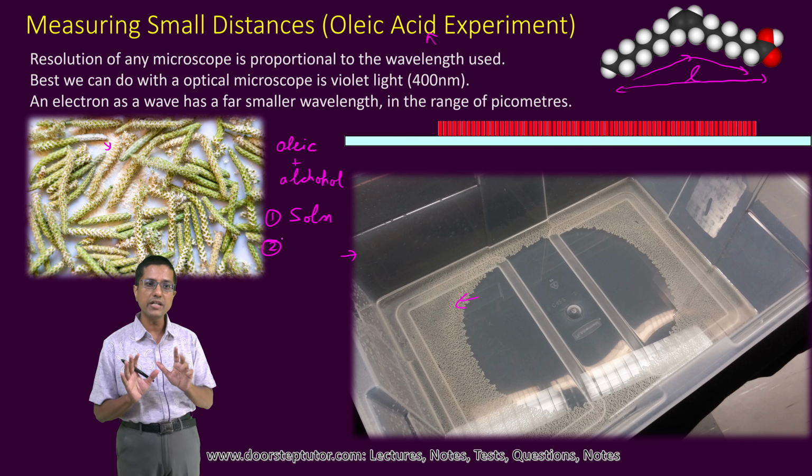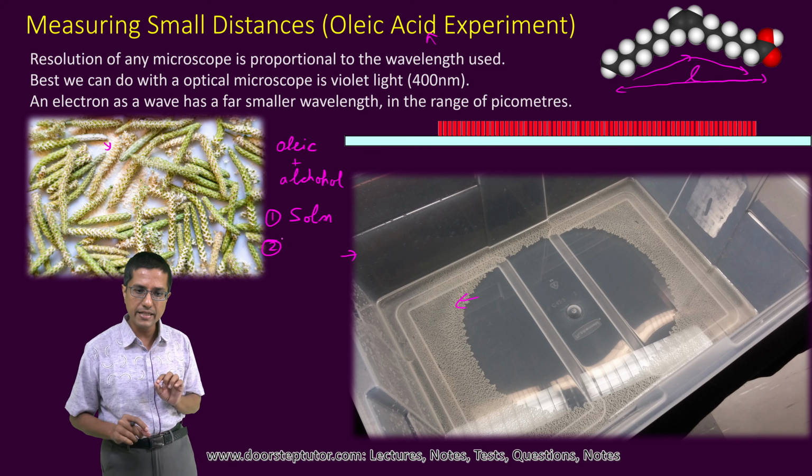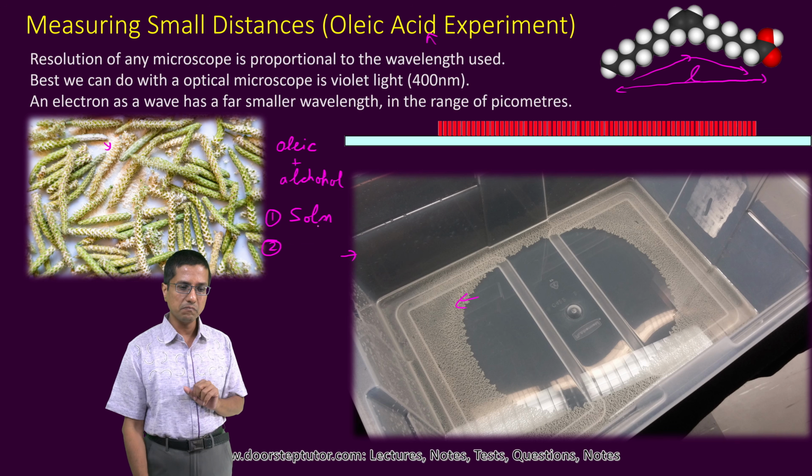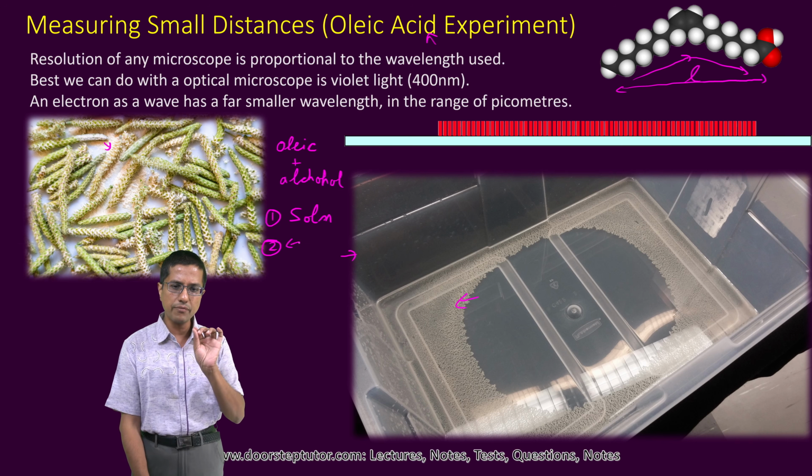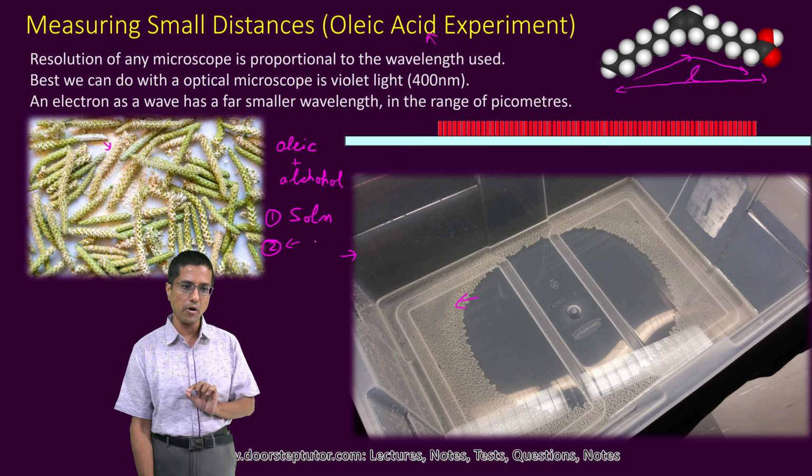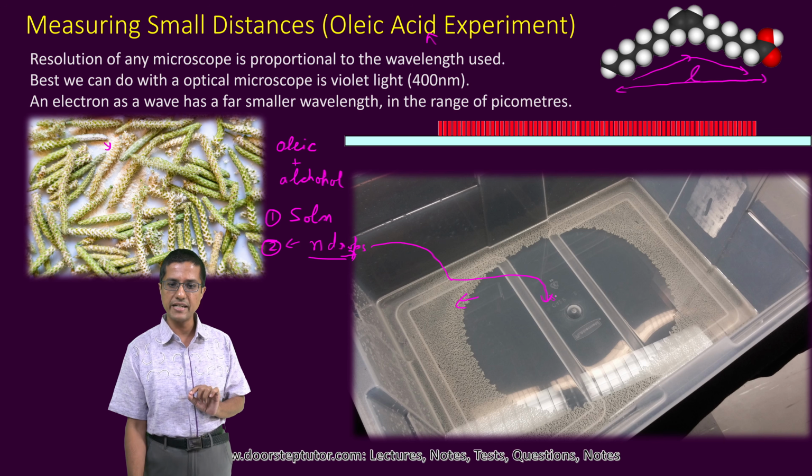The main objective of Lycopodium powder, we will see, is this: after we have sprayed the Lycopodium powder, we add just a few drops, a known number of drops, let's say n drops, of oleic acid right here at the center.